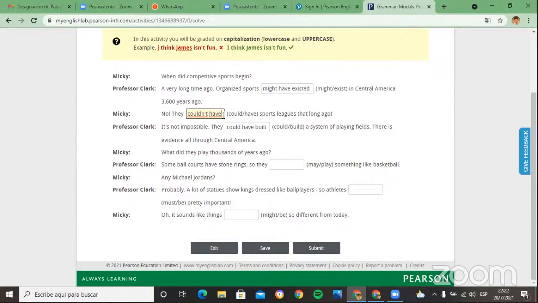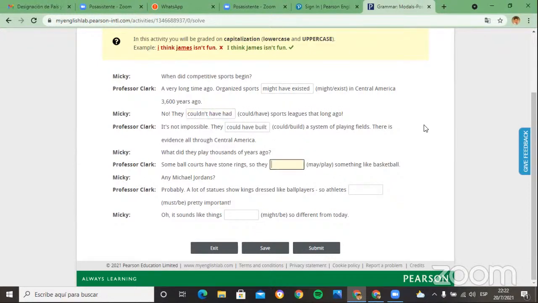It would be had instead of have. You have the structure, right? You have the auxiliary or the modal in past. It's like transforming in present perfect.